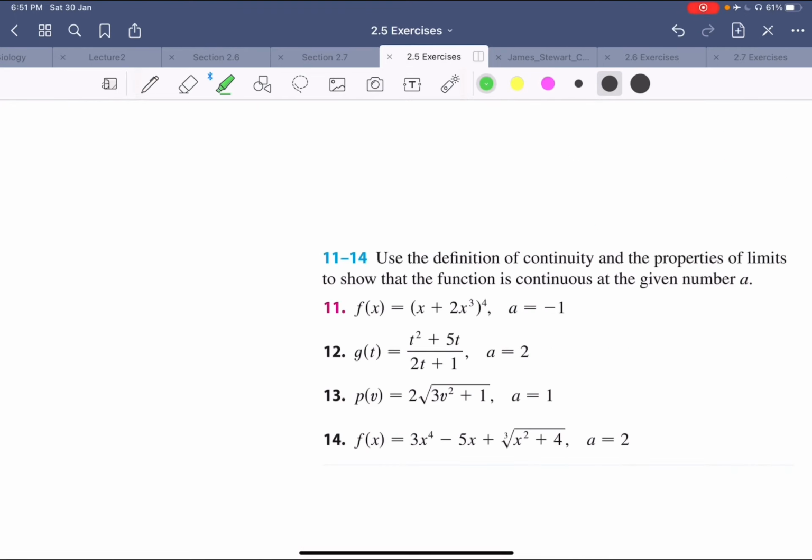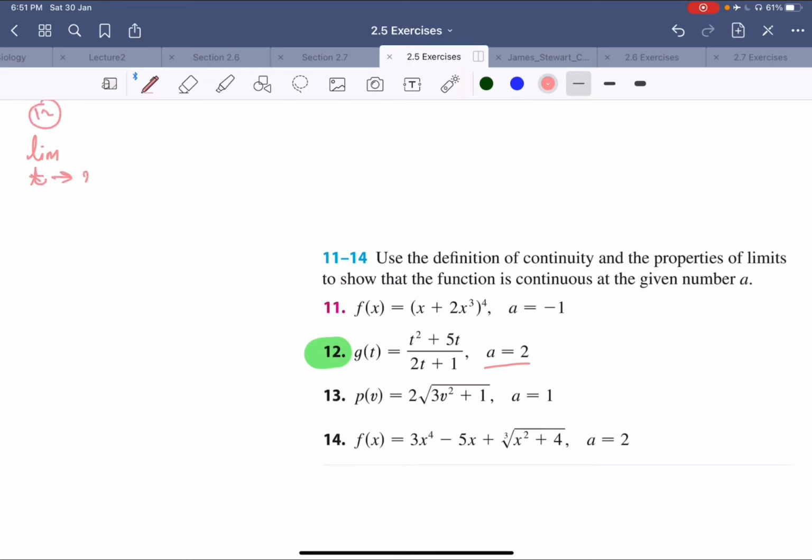So for the type of questions like 11 to 14, for example we will take number 12. It says to see if it's continuous by using the properties of limits, to show the function is continuous at the given number a. So to know if the function is continuous at a, we take the limit. First of all, we take the limit when t approaches 2 from the left, this is question 12.